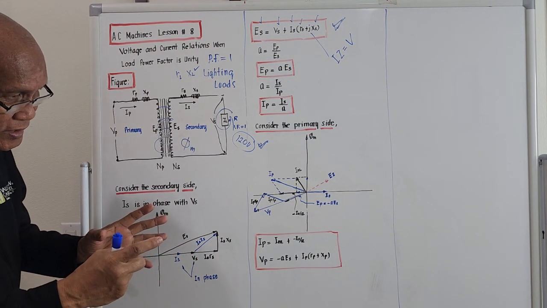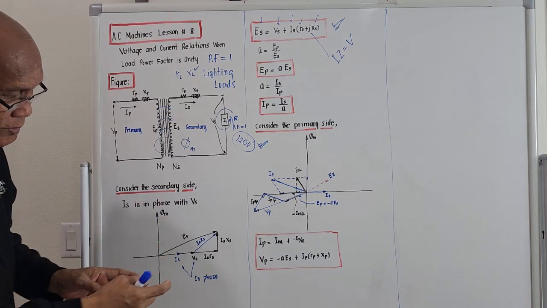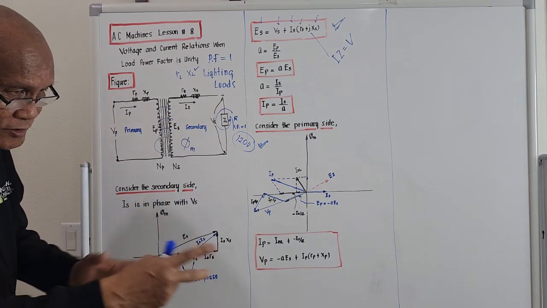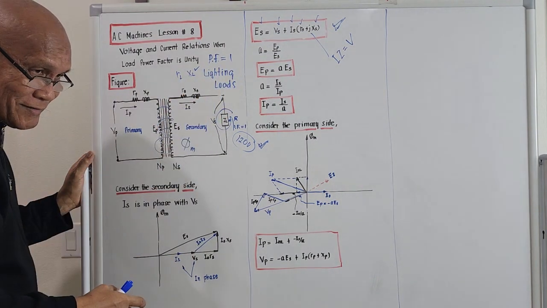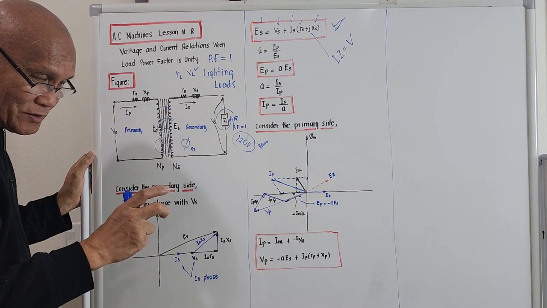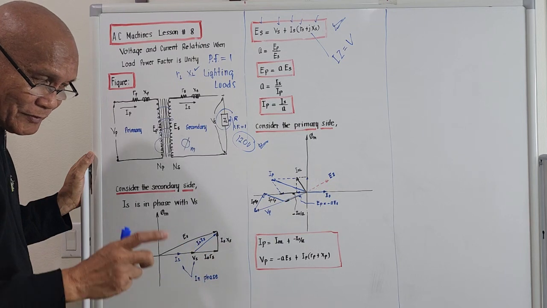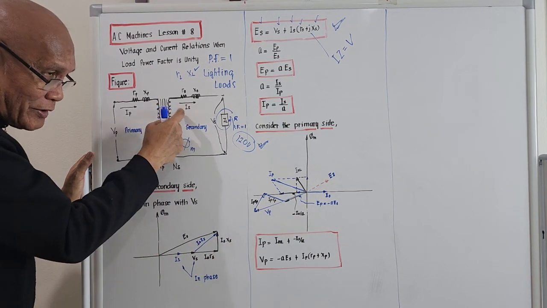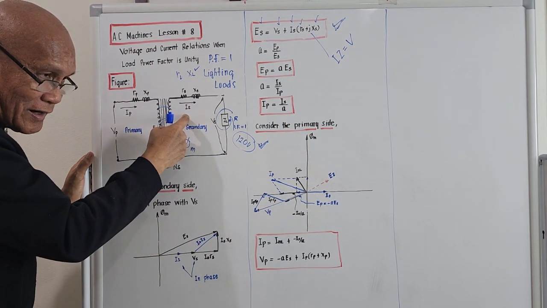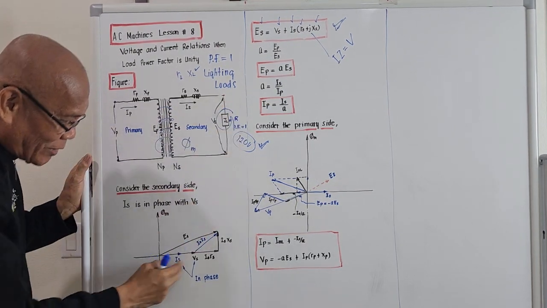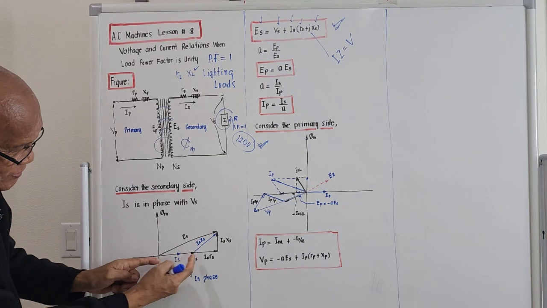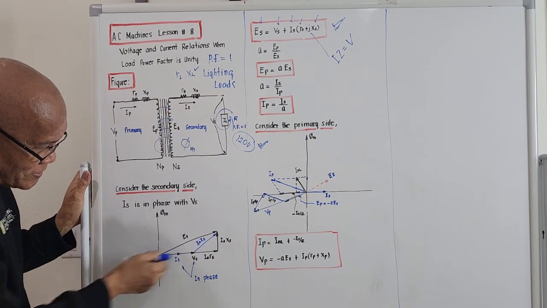And since the current is in phase with B sub S, why is it in phase? Because the load is a lighting load, right? If it's a pure resistance, the current that will be drawn here has the same phase as the voltage that is coming out over here. That's why IS and BS are in phase.